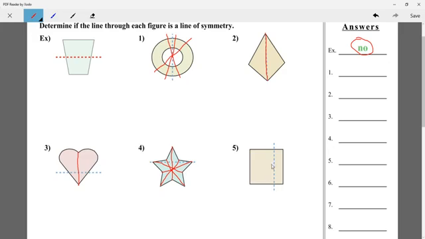Now for a square, like this one appears to be a square. This is clearly not a line of symmetry because it's not in the middle. It has to be in the middle for it to be a line of symmetry. So in a square there are 4 lines of symmetry. Okay, this way and this way, cutting it in half, both vertically and horizontally, and then diagonally.